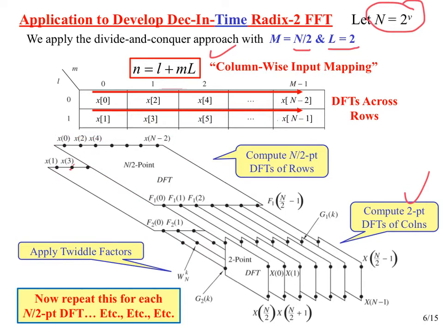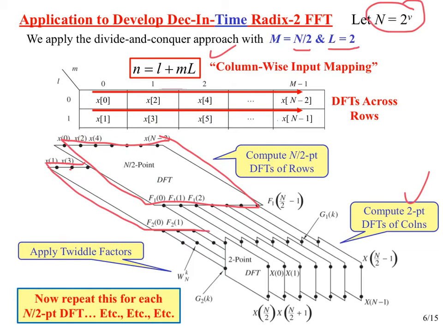But in this viewpoint, we're now doing 2-point DFTs down the column. And so the idea is that we've applied this divide and conquer structure once, and now we're going to apply the divide and conquer structure to each of these n over 2 point DFTs. So we'd apply it to that one, and we'd apply it to that one.